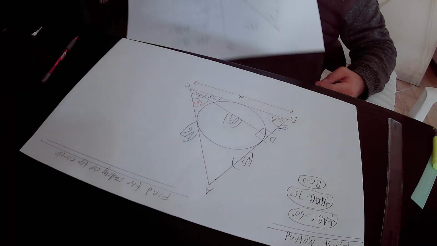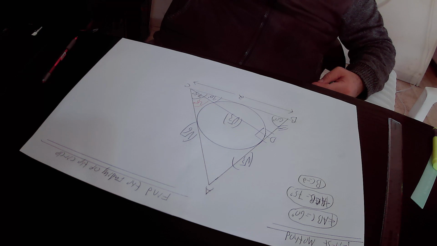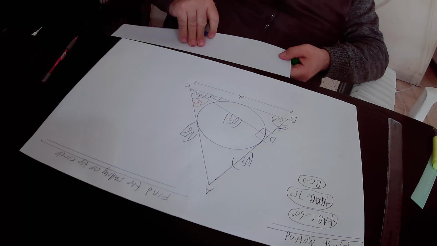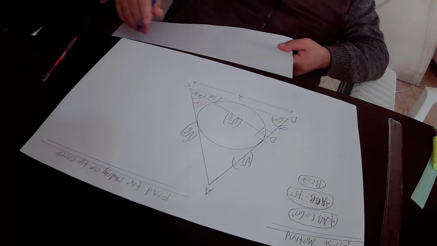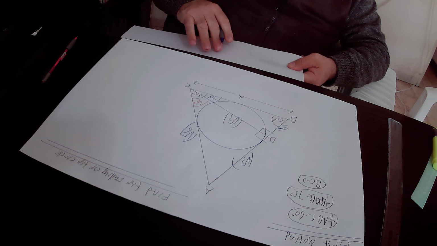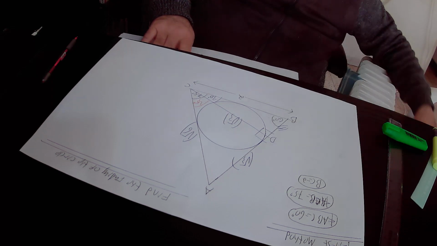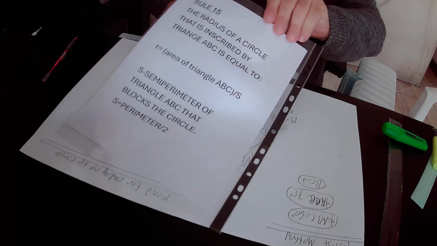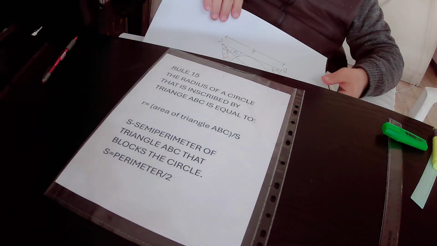Okay, so in the next step, I will present to you a new rule, and we will implement the new rule in our drawing. The new rule is rule number 15.